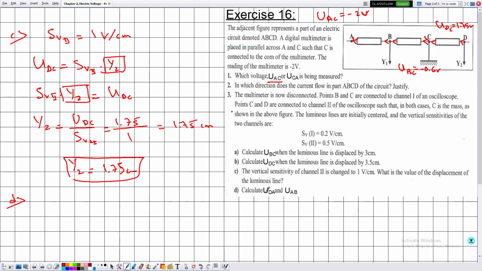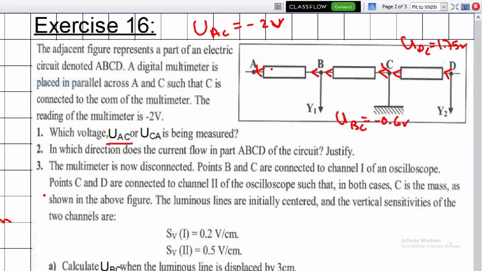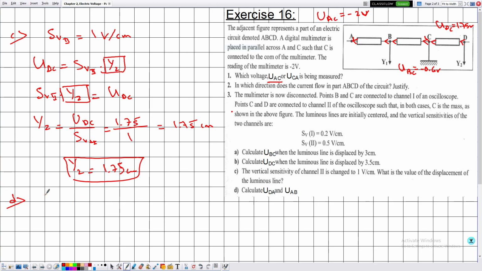Now in part D, they are asking me to calculate UDA. So we are interested in determining UDA, and this can be done by the law of addition of voltages. Always on the left, we will place the voltage that we are interested in, which is UDA.